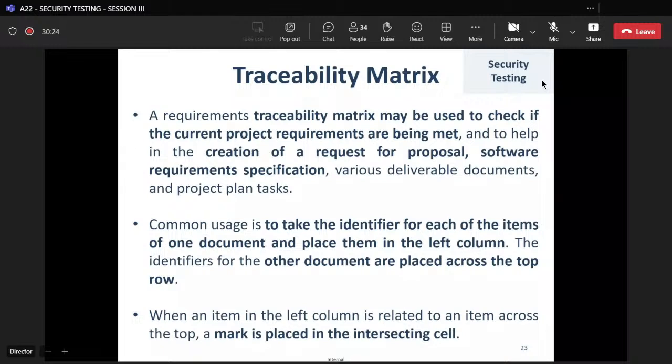So whether those 6 or 7 will be completed or not, because this will be created at the time of the proposal itself, your project proposal, and also the SRS documents, the software requirement specification documents.